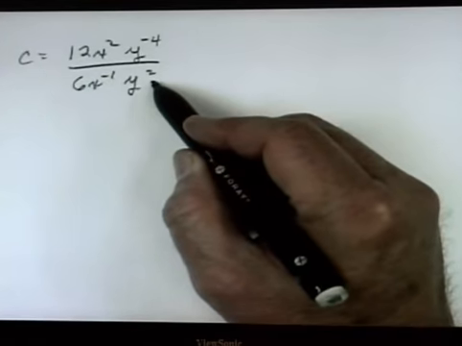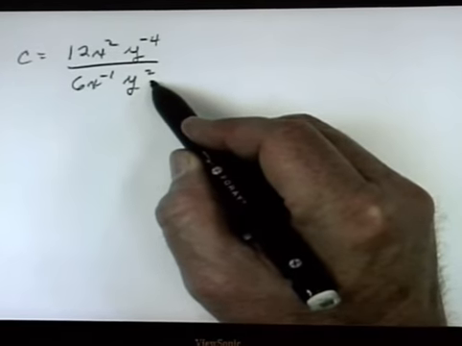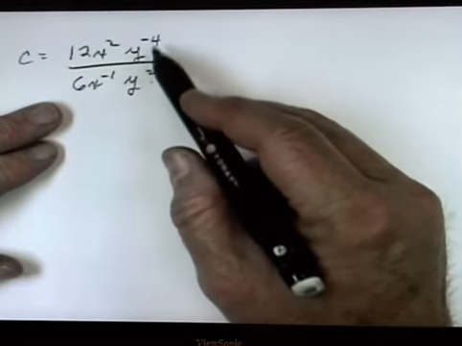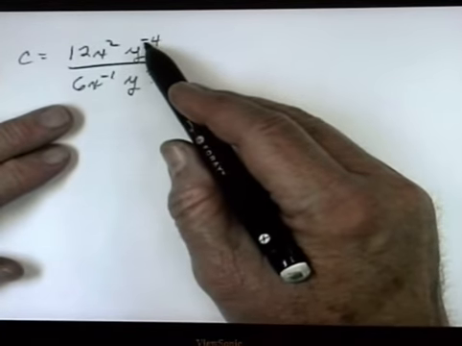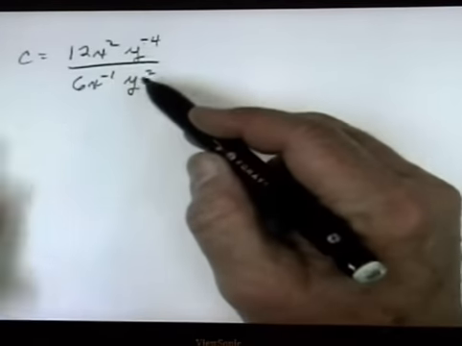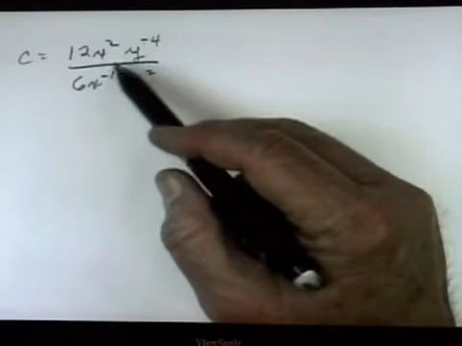We can approach this a number of ways. We could get rid of these negatives by bringing this down into the denominator. We could bring this up into the numerator.